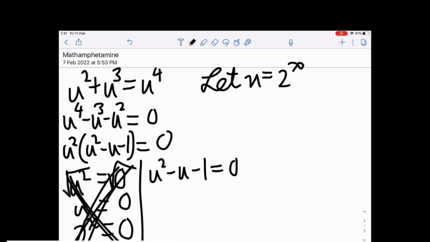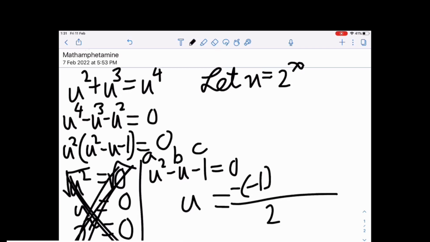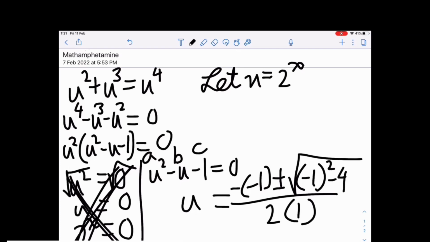So we are going to do this equation now. Use the quadratic formula. This is a, this is b, this is c. And now we get u is equal to minus minus 1, divided by 2 times 1, plus or minus the square root of minus 1 squared minus 4 times 1 times minus 1.